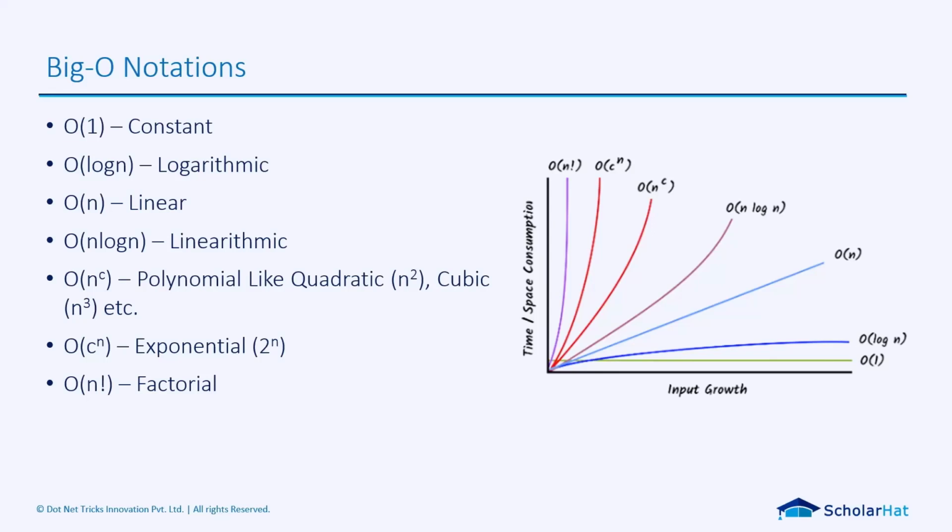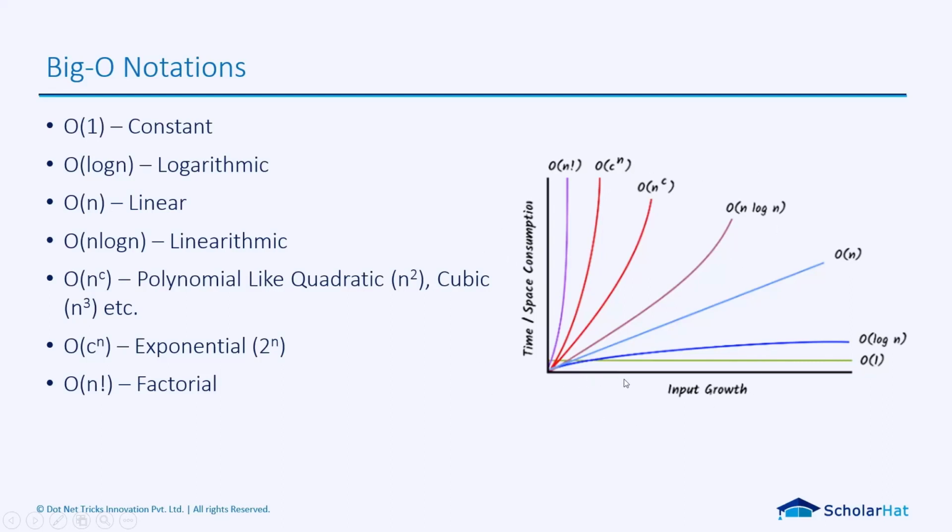O of n to the power c, that is polynomial, like quadratic, cubic, and next is exponential, that is O of c to the power n, and big O of n factorial. If you see over here, you can see the graphs related to that.